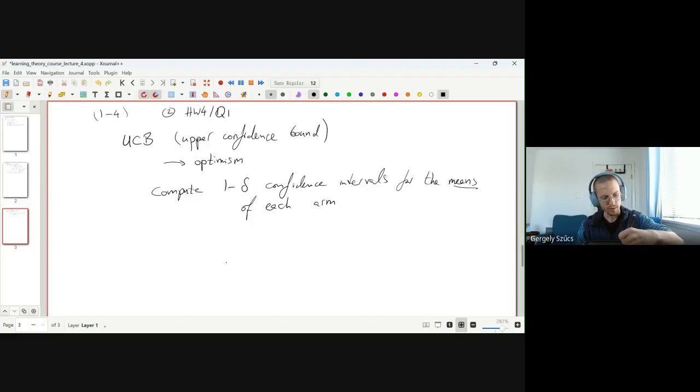So let's say there are 3 arms: arm 0, arm 1, arm 2. And then based on the data we have so far, we can compute, let's say, 90% confidence intervals for the mean of each arm.